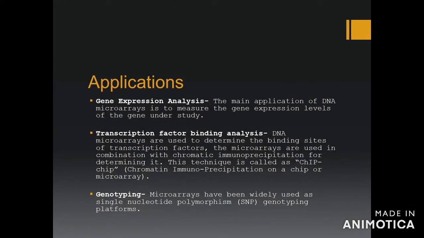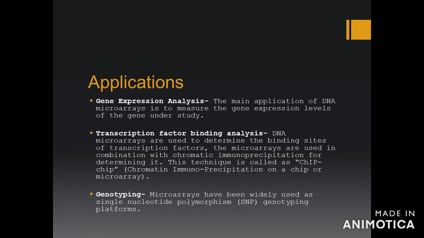Applications, there are a variety of applications here. First, we use this technique for gene expression analysis. That is the main application of DNA microarray, where we use this technique to measure the gene expression levels of the gene under study.